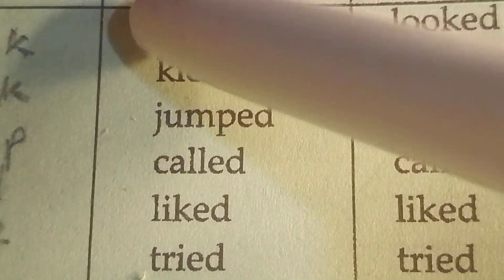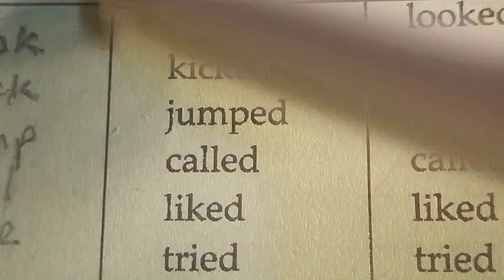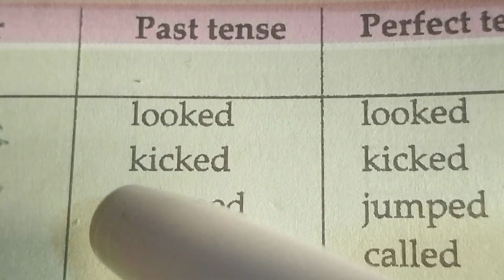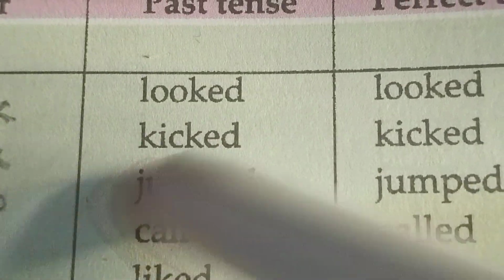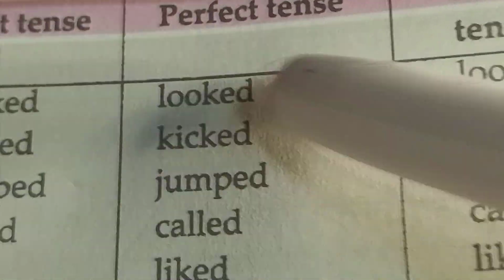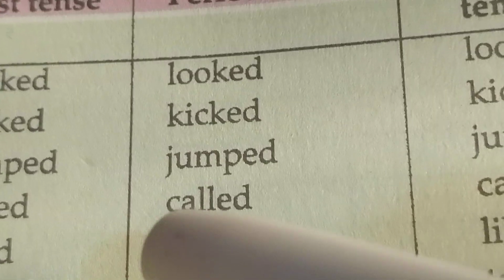But here we have have or has. That's why it is past tense. Has looked. Has kicked. Has jumped. Has called. Has liked. Has tried. Has waited. Have. Has. Here. But had. That's why it's called perfect tense. Had looked. Had kicked. Had. H-A-D. Had. For all of this.